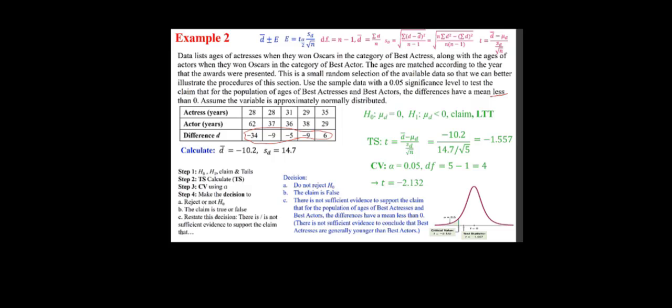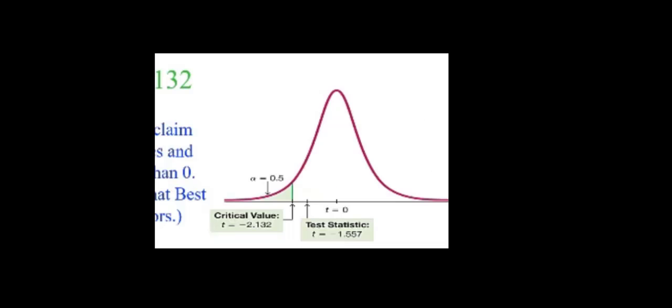There is not sufficient evidence to support the claim that for the population of ages of best actresses and best actors, the differences have a mean less than 0. There may be other ways of putting it. There is not sufficient evidence to conclude that best actresses are generally younger than best actors, however you want to put it.